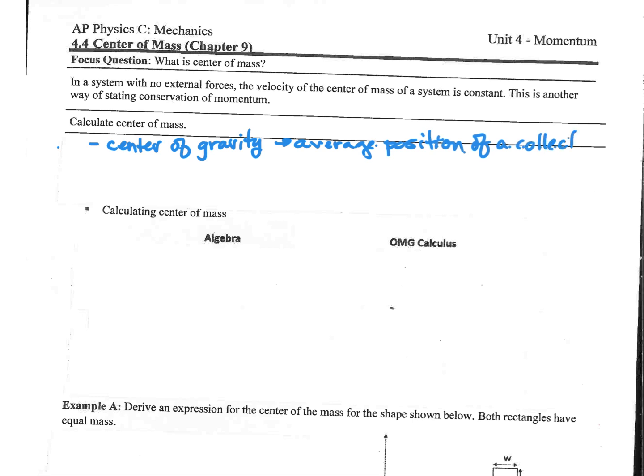That's how we're going to treat it. Now, these are weighted. So this is a weighted average, because think about it, something heavier is going to have more oomph, so to speak, according to their relative masses.